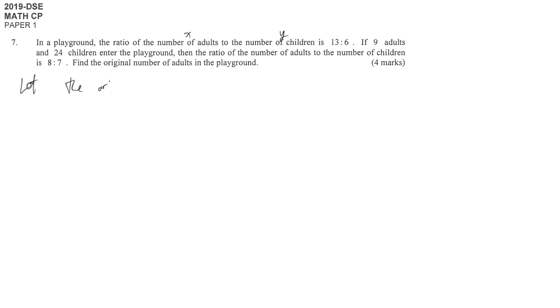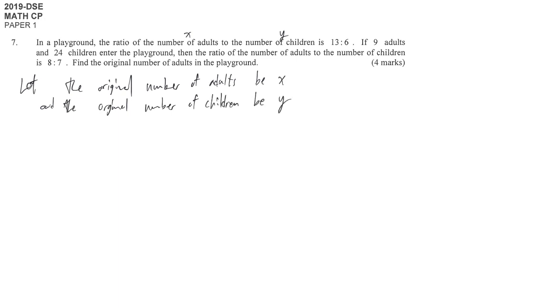Let the original number of adults be x and the original number of children be y.